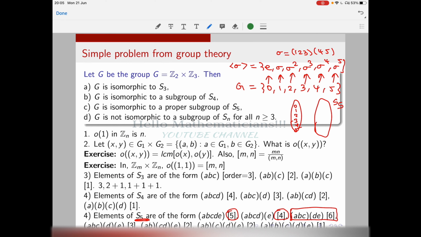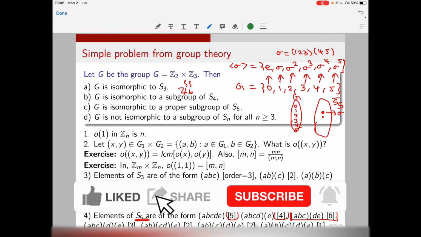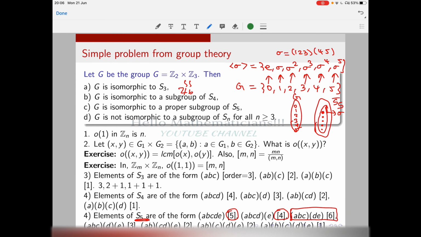We saw that G is isomorphic to Z6, so instead of considering this Z2 cross Z3, I'm using Z6. Now this is our G and this is our full S5. Inside S5 I have one element sigma of order 6. Then I look at the subgroup generated by sigma. So this is some subgroup of S5 and this is our isomorphism. So this is the subgroup generated by sigma.